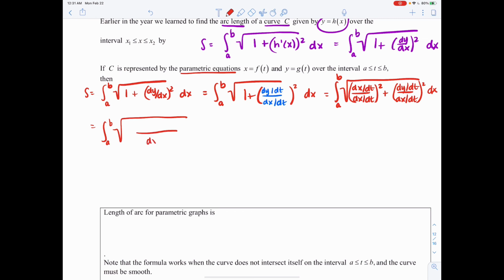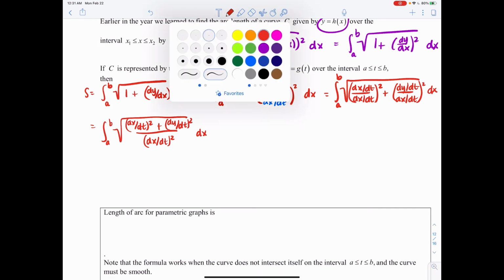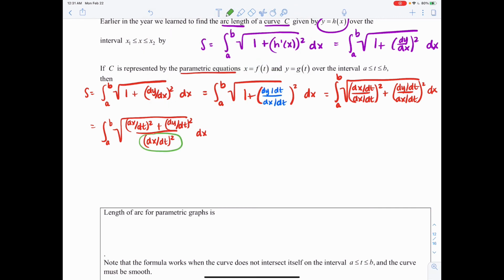1 dx dt squared, then what I have is dx dt squared and dy dt squared dx. Keep in mind this is all under the house. I want to go ahead and take the square root of this and move it outside of the radical. So we can do that.